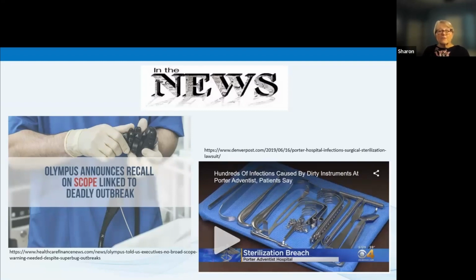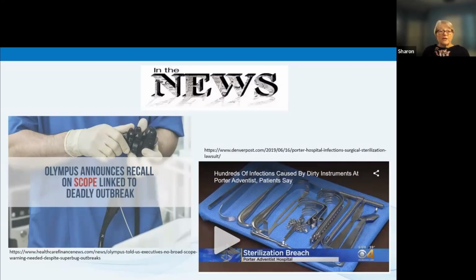And during that time, there was an outbreak of carbapenem-resistant Enterobacteriaceae, CRE, at UCLA Medical Center that killed 2 patients and potentially infected 200 others. At least 35 people at U.S. hospitals have died since this 2013 outbreak after suffering infections from contaminated gastrointestinal scopes manufactured by Olympus.